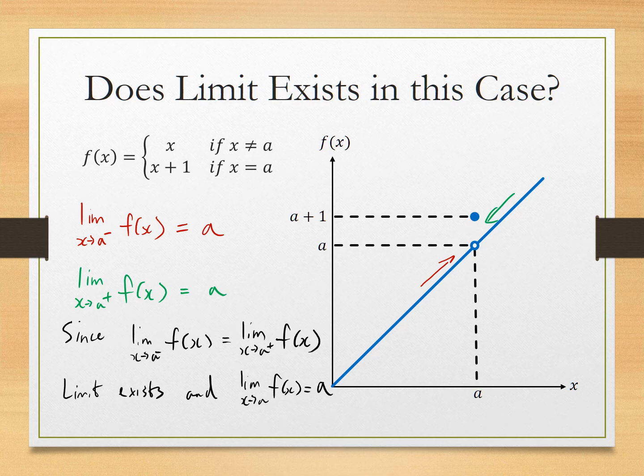Your logical conclusion would be that the function will take on the value of a. If you hide what happens at a, you don't know what's happened there.